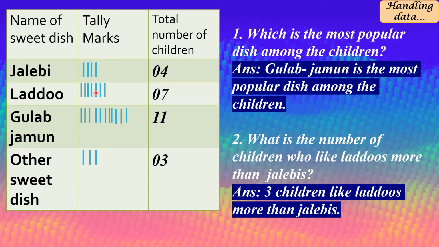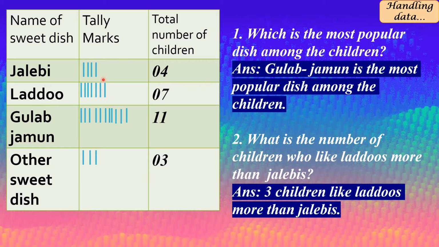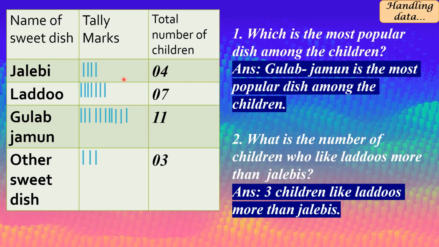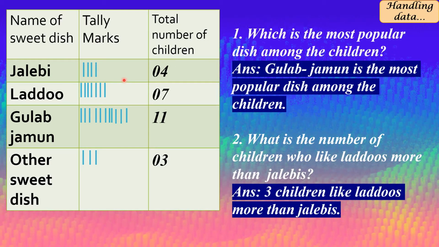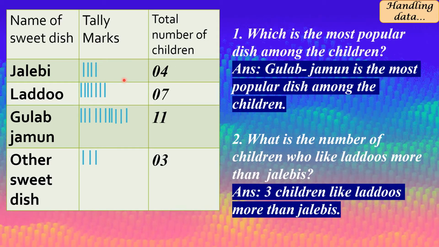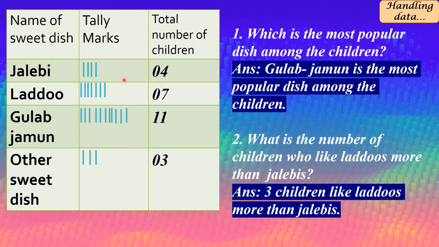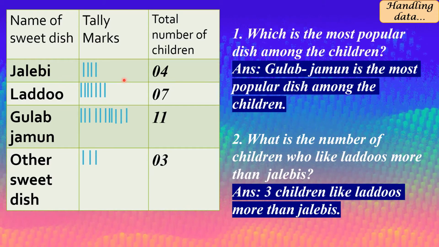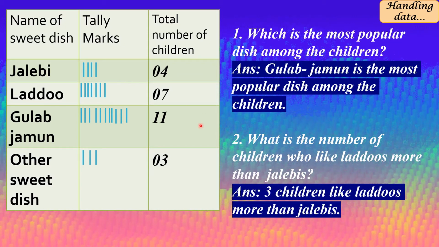So we will do 7 minus 4. So 3 are remaining. Okay, 7 minus 4. Yes, 1, 2, 3, 4. So how many are remaining? 1, 2, 3. Yes. So 3 children like laddus more than jalebis.